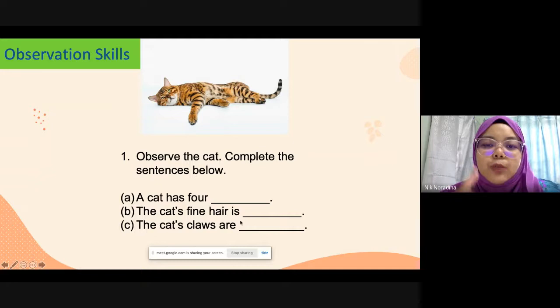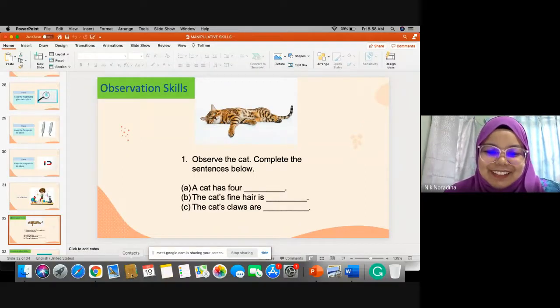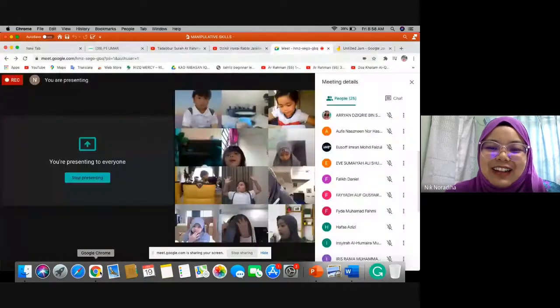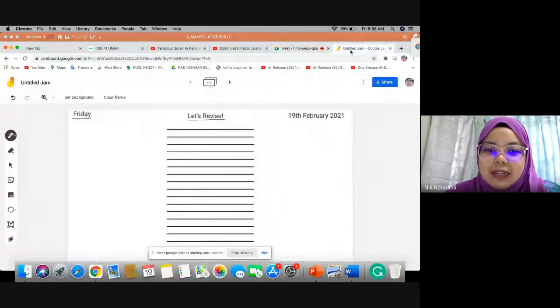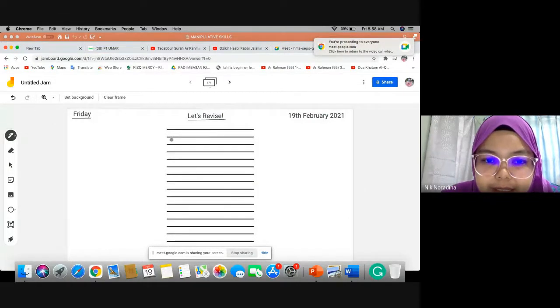Okay, so the first one we are going to write in our book is A. A cat has four what? You have to write that answer inside your book. Yes, legs, correct. So let's write inside our book first. Let's write together. For A, you write here, in the line inside your book.